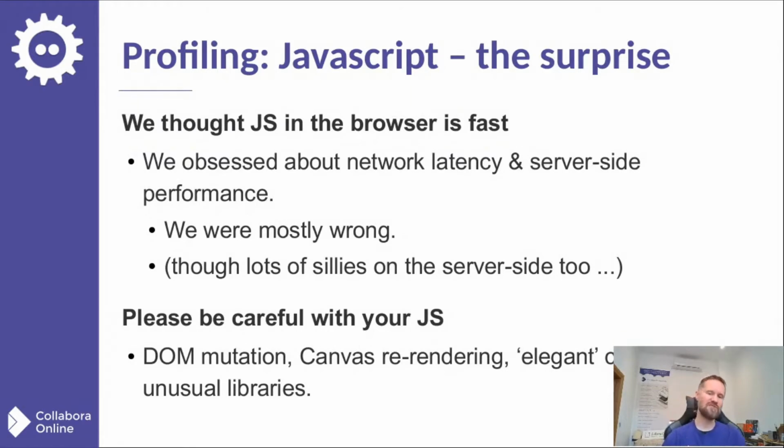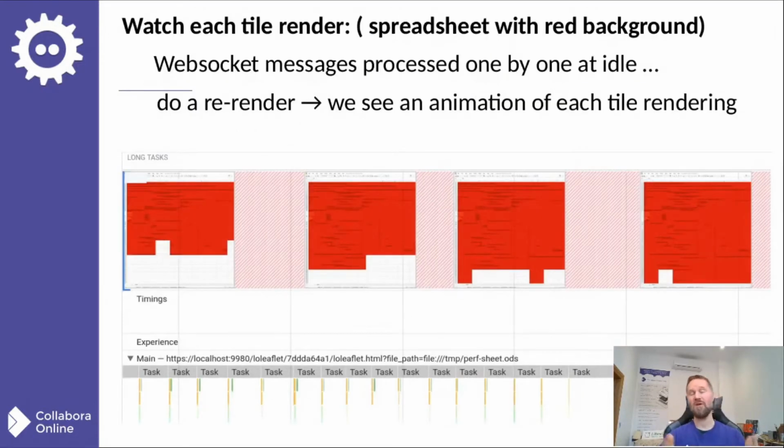There are a whole load of silly things here, like just touching the DOM seems like it wouldn't be that expensive, but of course this then pushes off loads of things that could happen. The WebSocket was particularly annoying because one message is processed at idle each time. So in order to get the next message, you have to get to idle.